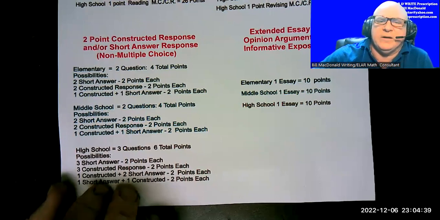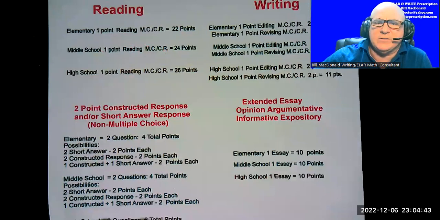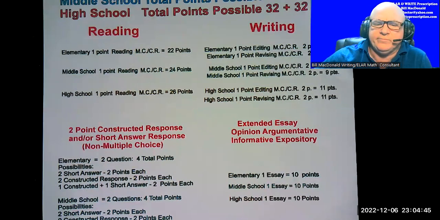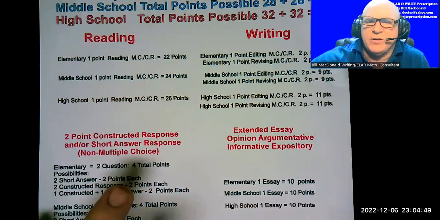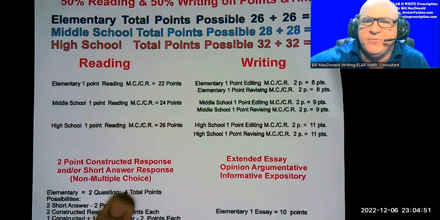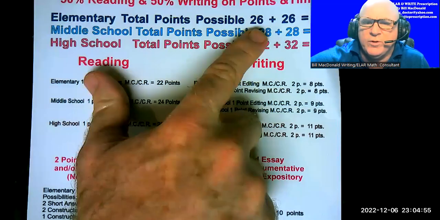So when you do the math, since half the test is for reading and half for math. In elementary, 26 minus 4, the short answer or constructed 2-point responses.